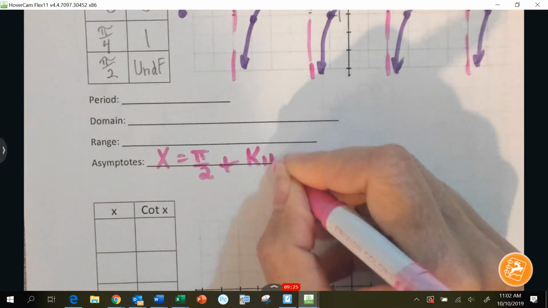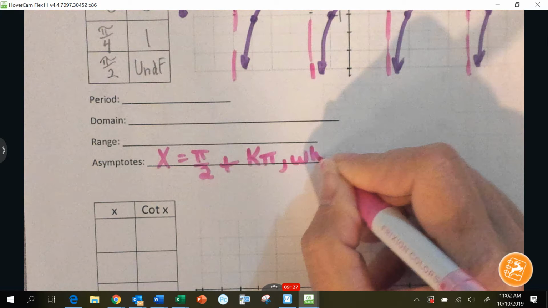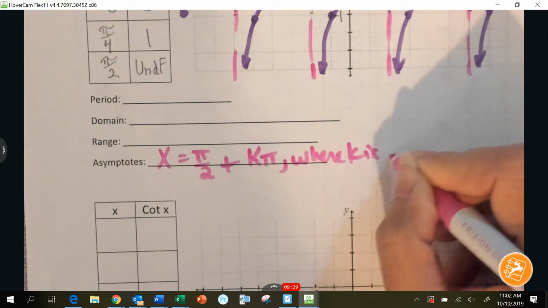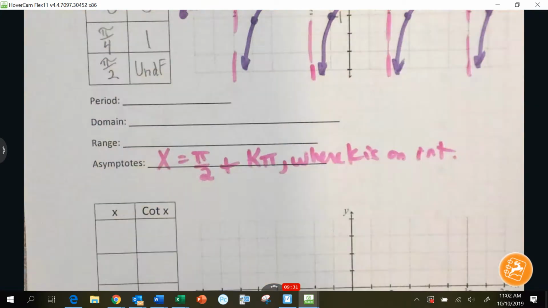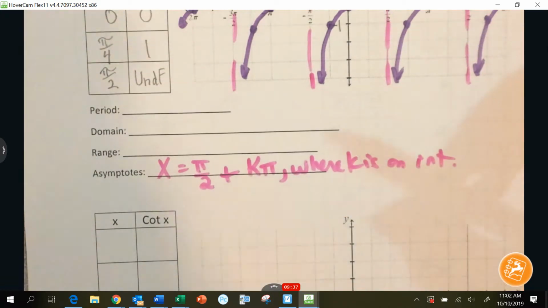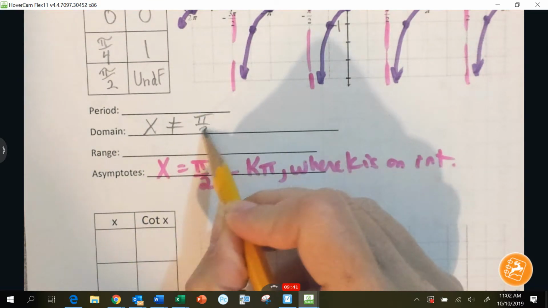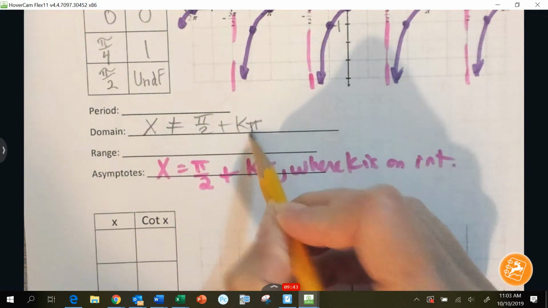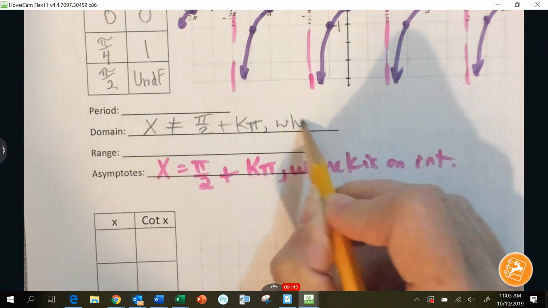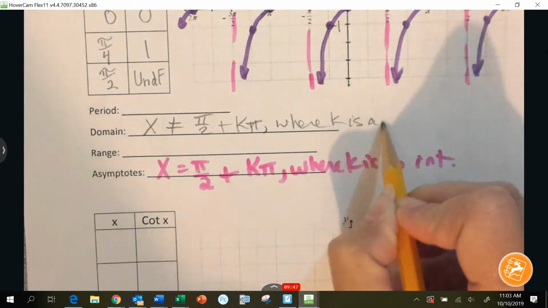Yeah, pi. So we'll say k pi, where k is an integer. I need to not use marker, it's really fat when I write. So our domain should be x does not equal pi over 2 plus k pi, where k is an integer.